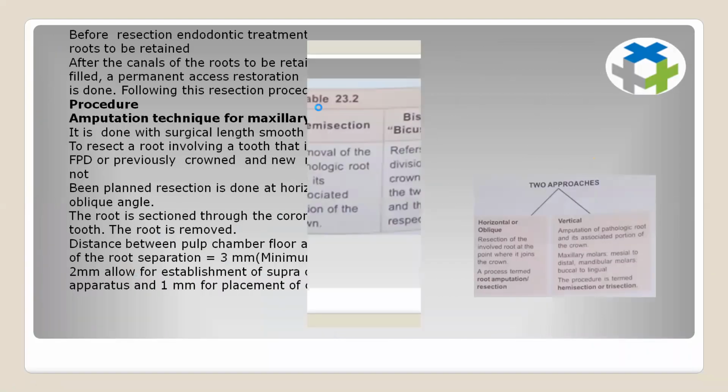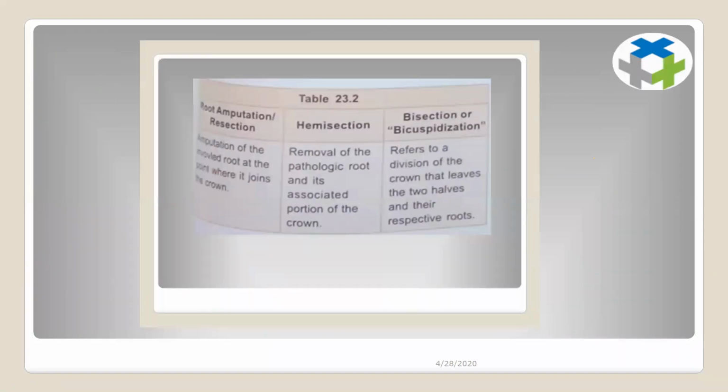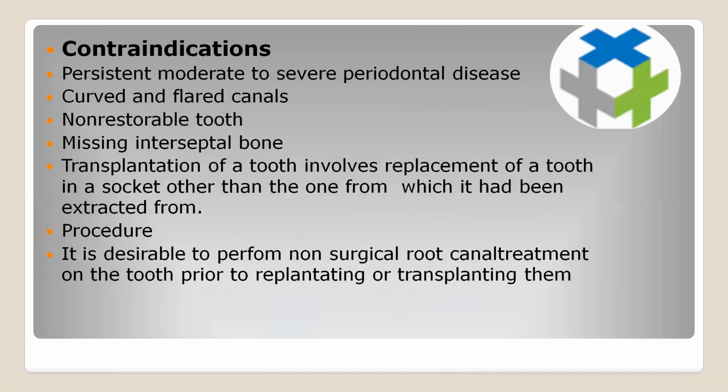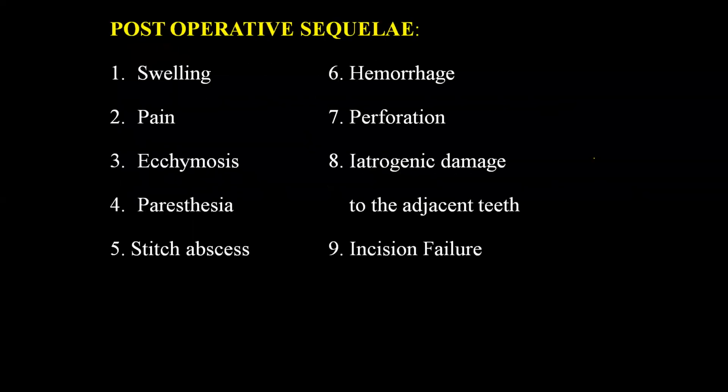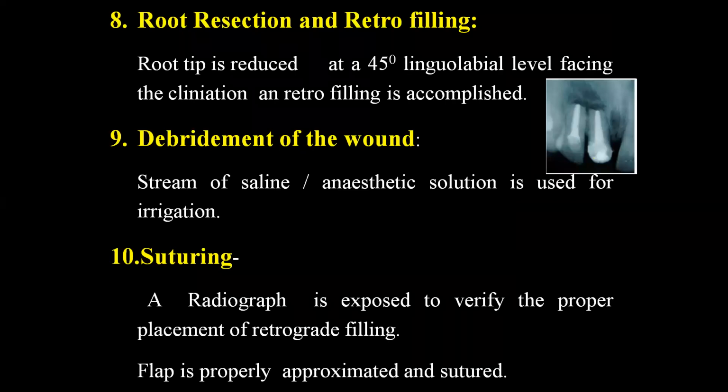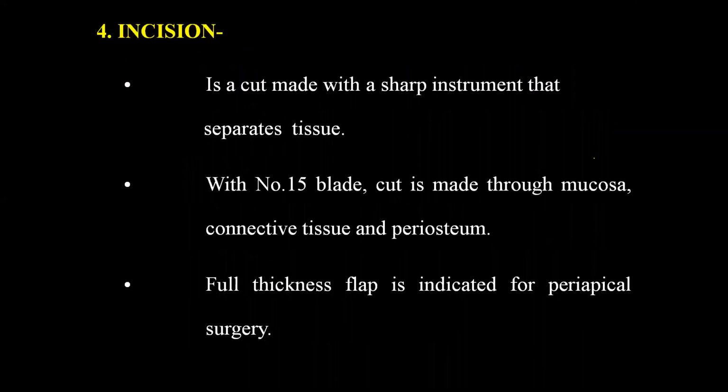So this is one of the differences between root amputation, hemisection, and bicuspidization. And this diagram, I request all of you to draw if a question comes on apicoectomy.